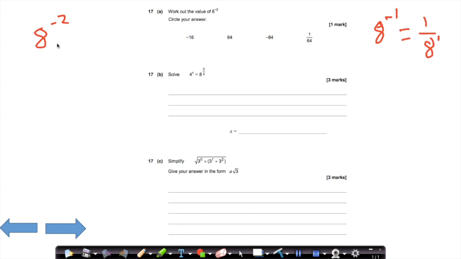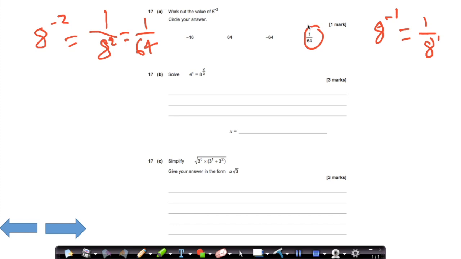If this was 8 to the power of minus 2, the negative power means 1 over 8, but this time I'm raising it to the power of 2, because it's a minus 2. So 1 over 8 to the power of 2. Well, 8 to the power of 2 is 64, 8 times 8. So therefore it's going to be 1 over 64.